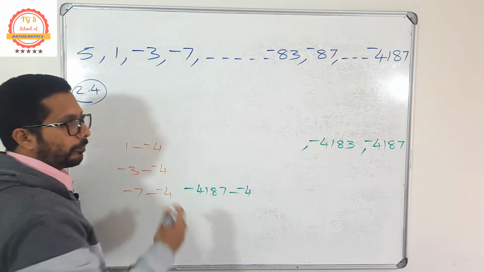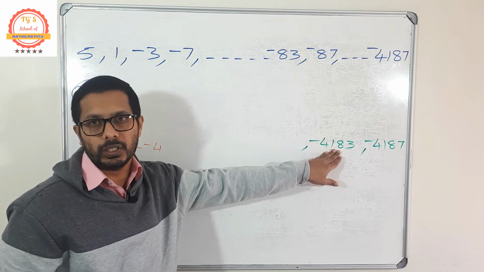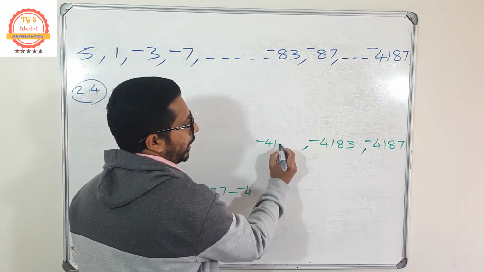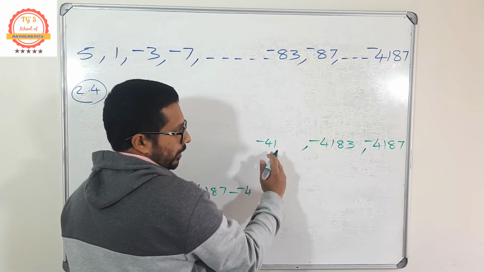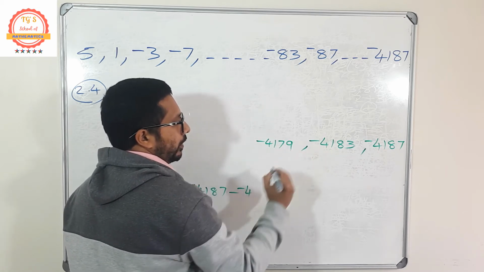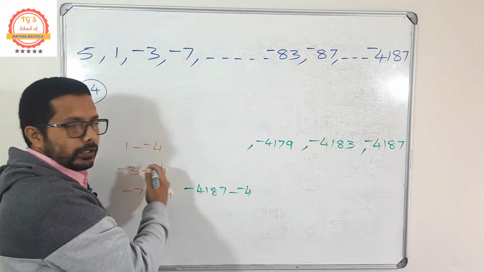How can you find the next term? To this side. This one minus minus 4. That means minus 4183 and minus minus 4 means plus 4. So it is minus 4179. How can you find the next term? To this side.